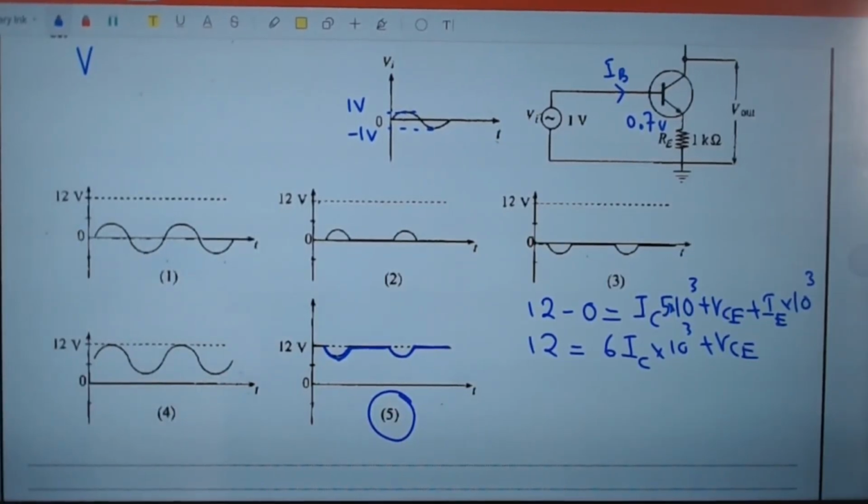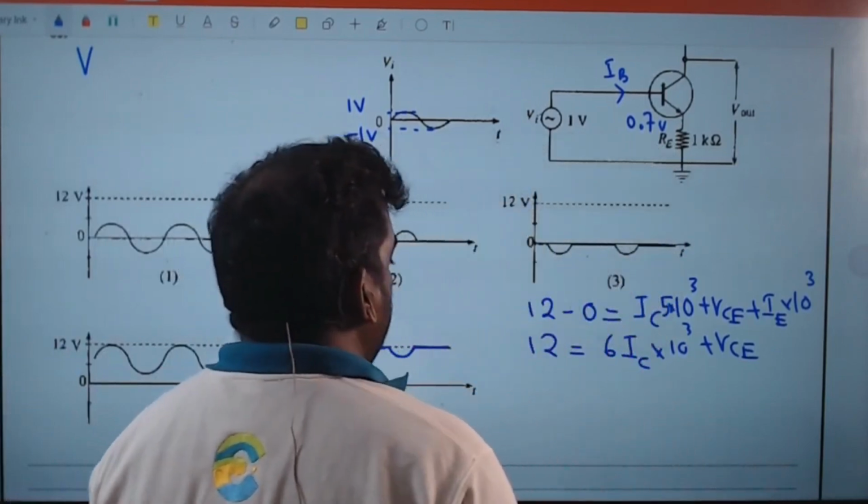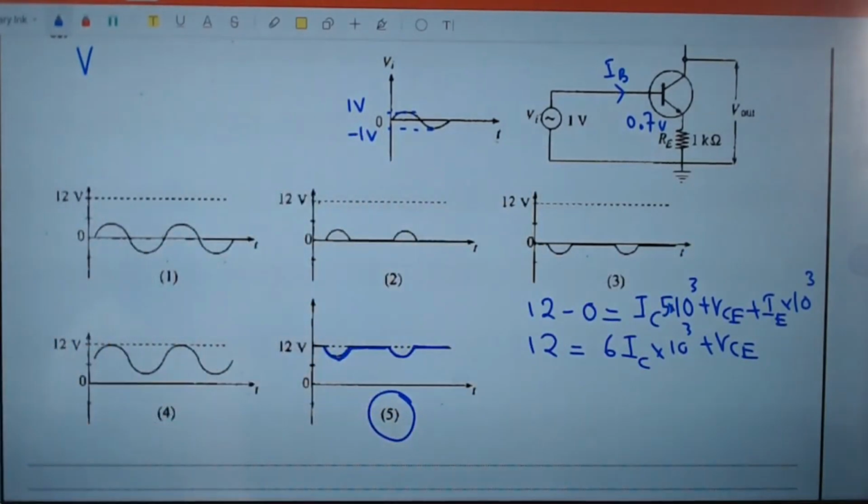Write this in. In the active region, VCE should be approximately equal to VCC divided by 2.